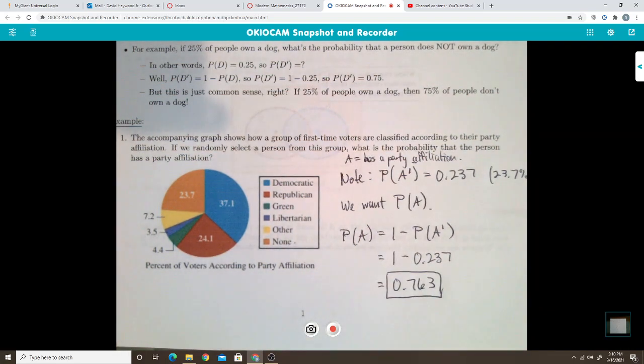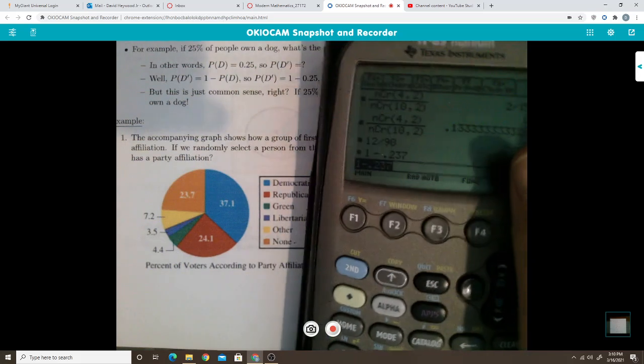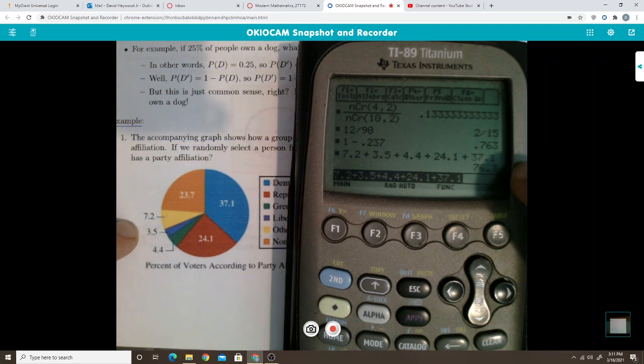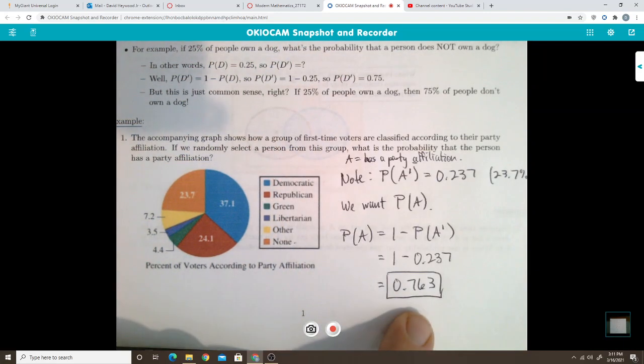So we could just add up all those other numbers. I'm not going to do 23.7, but I'm going to do everything else. All right, 7.2 plus 3.5 plus 4.4 plus 24.1 plus 37.1 equals, and what do you know, 76.3%. The same answer as what we got before using the complement rule.